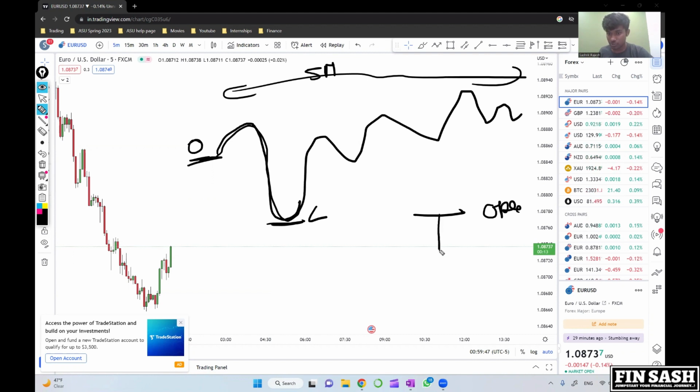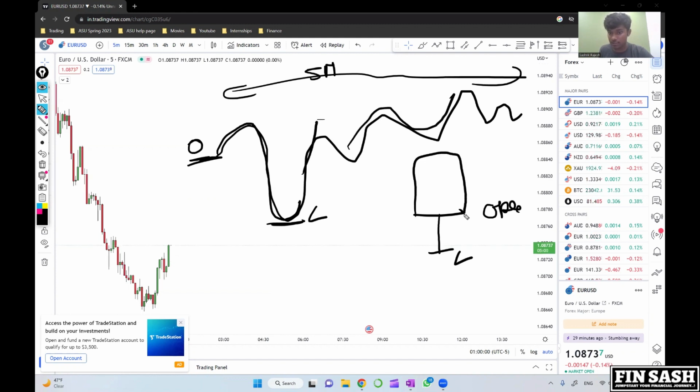It made a low and came back to its open, and tried to go higher. It went higher and made a high, and then again came back and closed in this region.